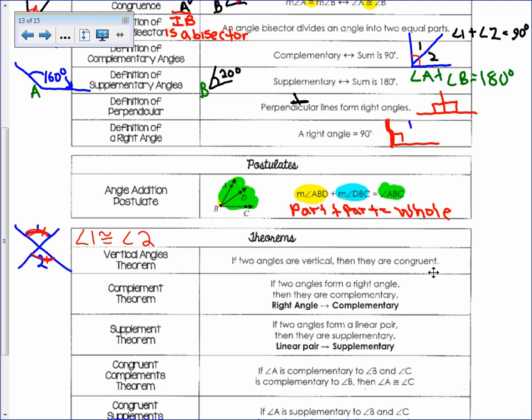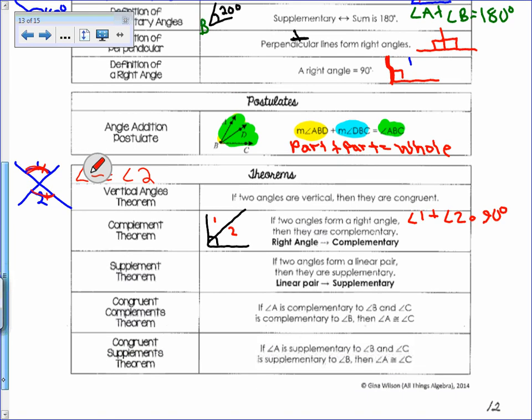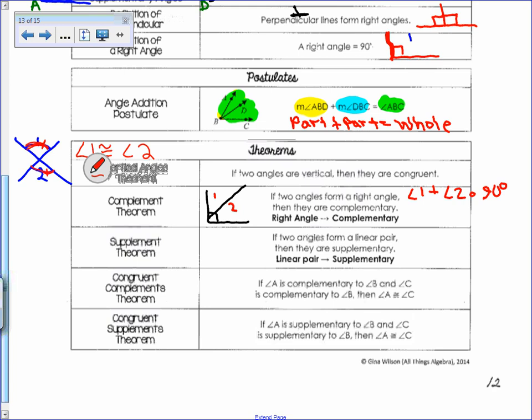Now the complement theorem, let's say we have an angle, it's a right angle. And remember before, I said have angle 1 and angle 2, we can write a statement. Angle 1 plus angle 2 equals 90 degrees. For the supplement theorem, we have a straight line. I can assume, and we'll say that this is 50.